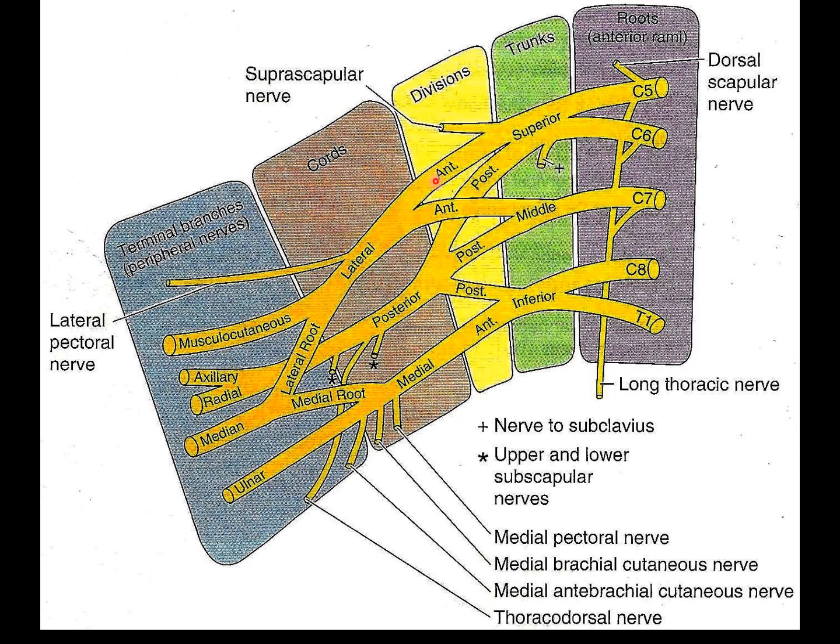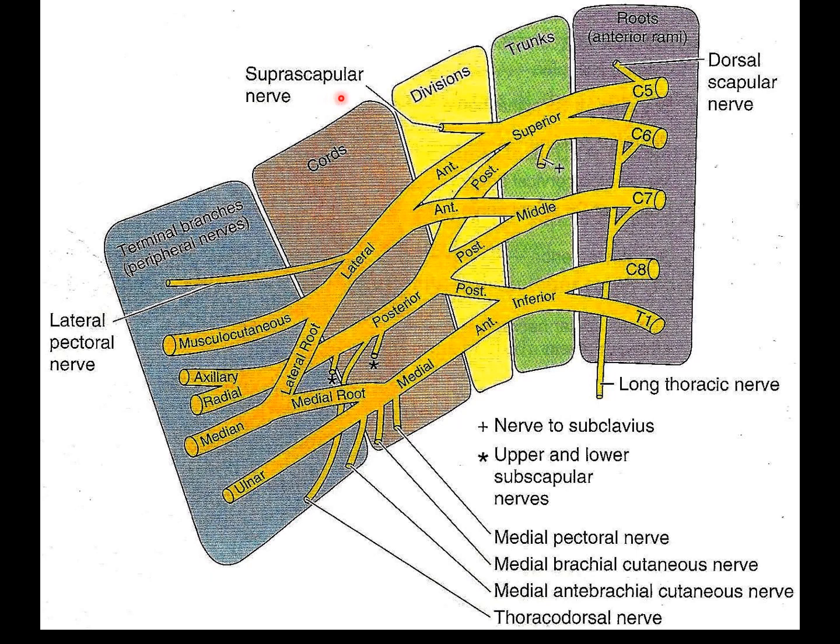Now the anterior division of the superior trunk and the anterior division of the middle trunk unite to form the lateral cord. The posterior divisions of the superior, middle and inferior trunks all unite together and form the posterior cord. And the anterior division of the inferior trunk alone forms the medial cord of the brachial plexus.